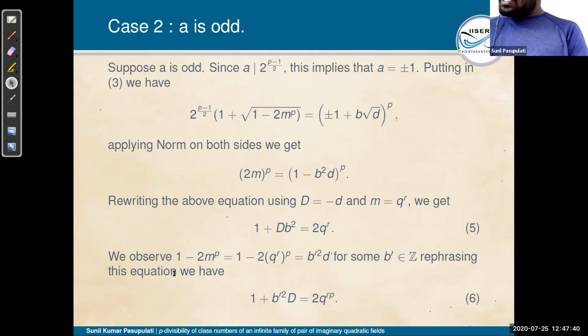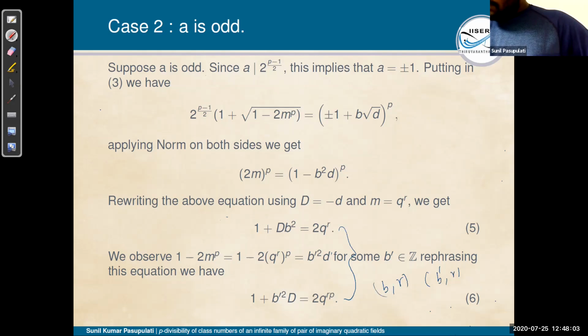Again taking minus d is equal to capital D and replacing this, I'll have 1 plus b dash square d is equal to 2m 2 q r square. These two equations imply that b comma r and b dash comma rp are solutions of 1 plus x square d.